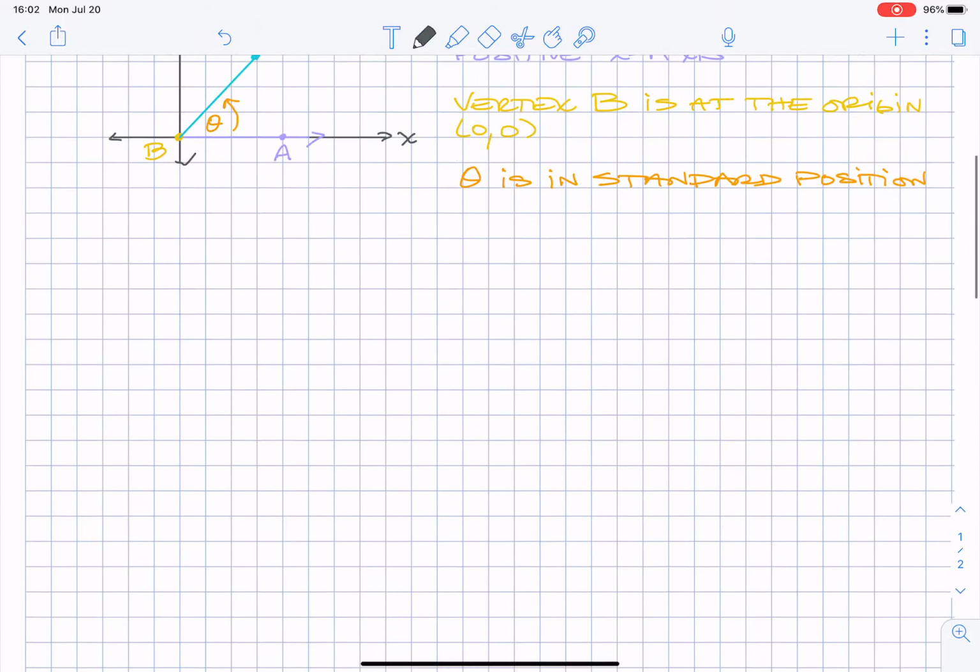So for example, let's find the equation of the line through the terminal side of angle theta pictured below.